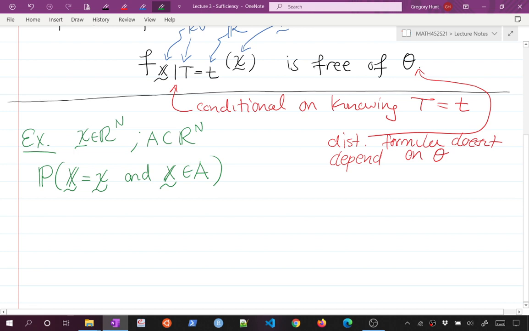It doesn't really matter, it can be anything. This is a kind of weird statement to make, because it's saying, what's the probability X is equal to some specific value in R^n, and X is in some set in R^n? You can think of this as making some statement about X.